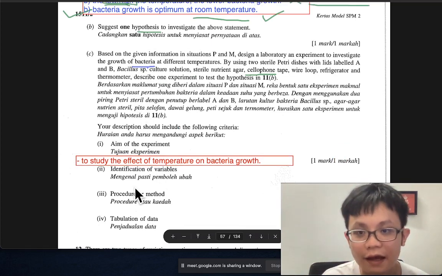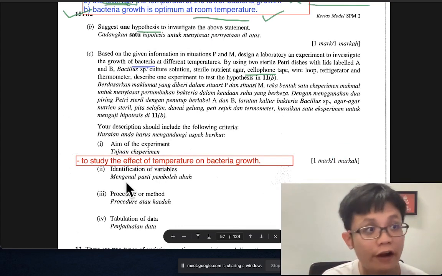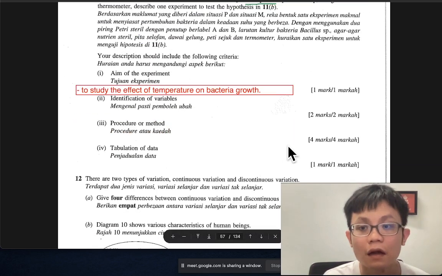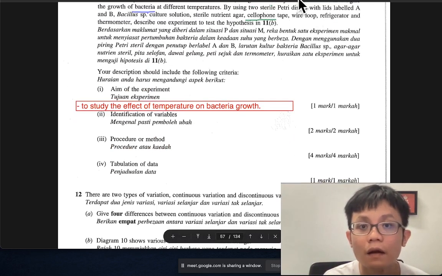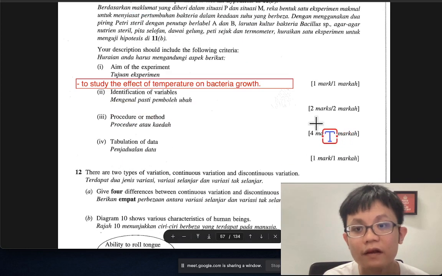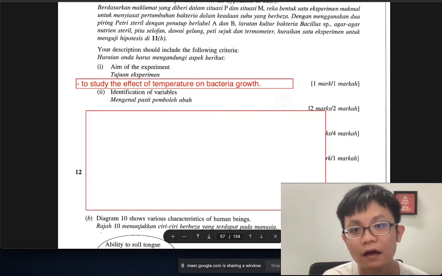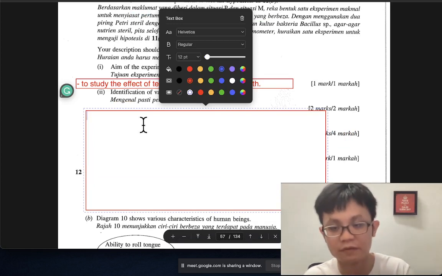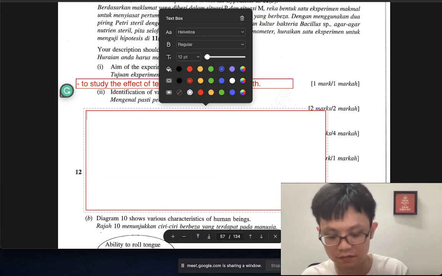Okay, identification of variables. So how to do this question? Manipulated variable, constant variable, and responding variable. So what is the manipulated variable? Manipulated is temperature.